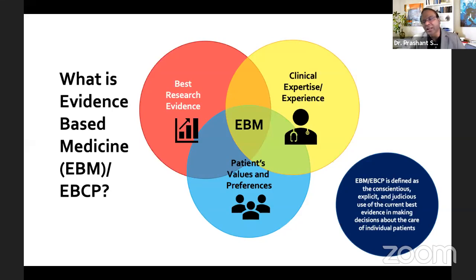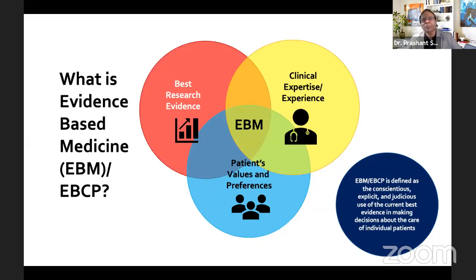Ten years later, in around the 1990s, Dr. Gordon Guyatt and Dr. David Sackett together worked extensively to critically appraise the medical literature and bring that to the patient bedside. And they referred to this practice as evidence-based medicine.